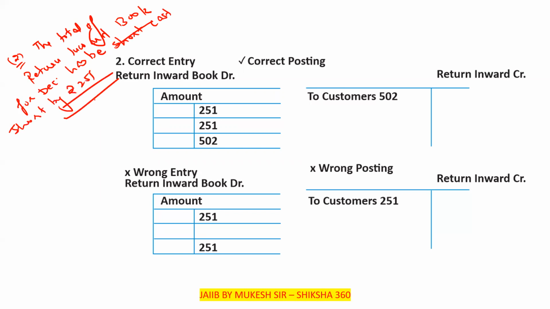Clear? By rupees 251. So if it is short by rupees 251, how do we rectify that?